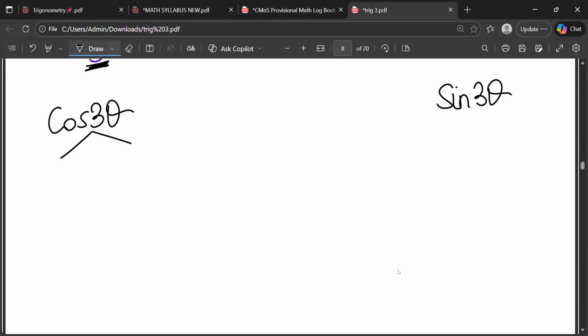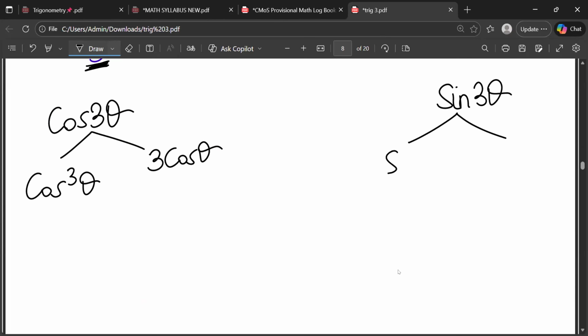I've said they have two things: they have the cubed theta, and they also have the cos theta. It's the same thing for sine: it has the sin cubed theta, and it has the sin theta. So this theta can either go up as the cubed or come outside as the coefficient, the scalar.